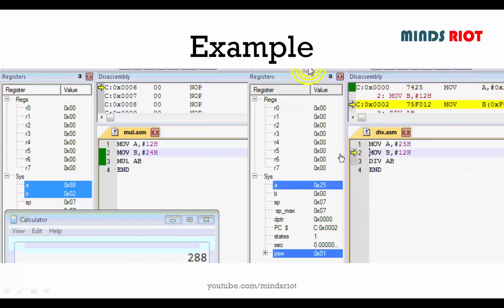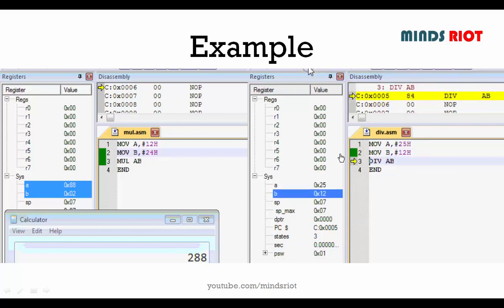Accumulator content 25, register B content 12, and division operation. Result goes into the accumulator and remainder into register B. These are the important functions of register B apart from being a general purpose register.